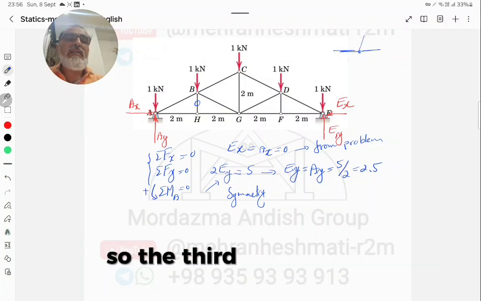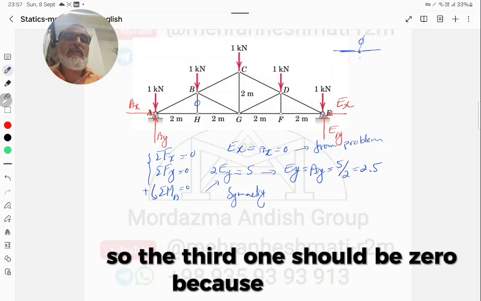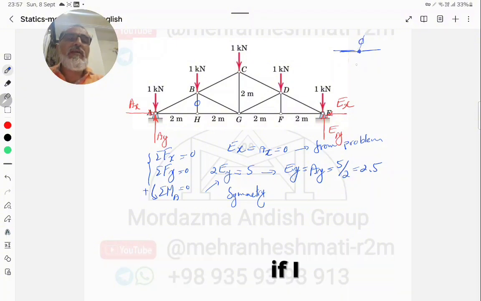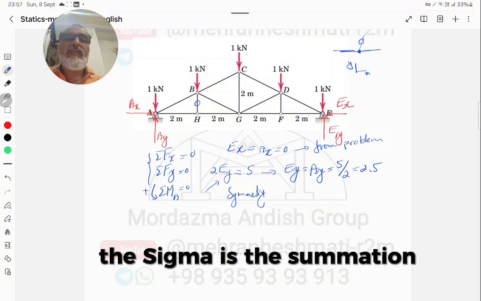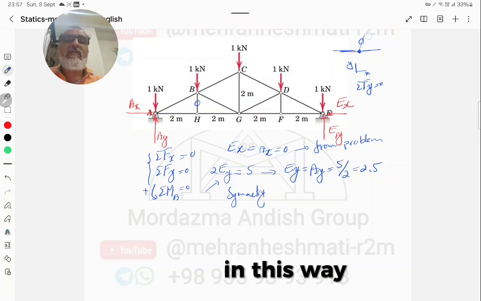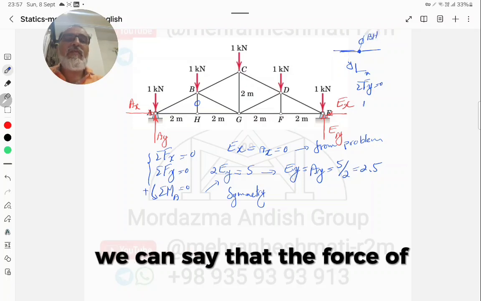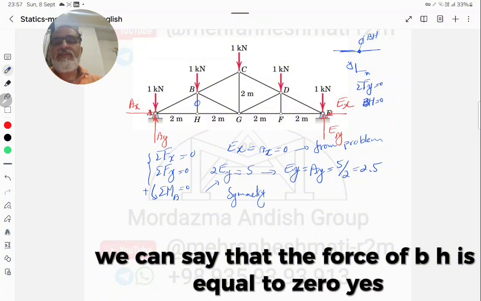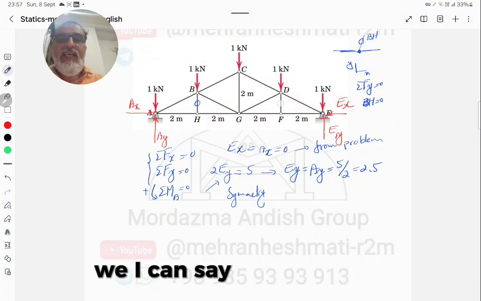So the third one should be 0, because in this joint, if I write the summation of F of y is equal to 0, in this way we can say that the force of BH is equal to 0.